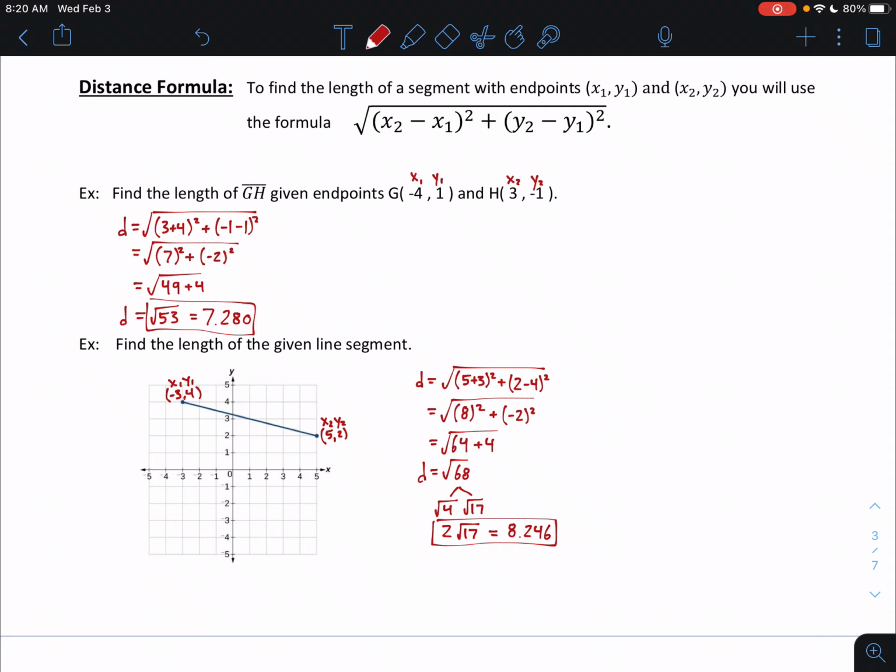Let me see, I am looking at my Delta Math right now on my computer.